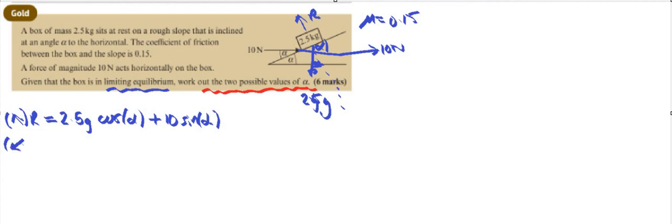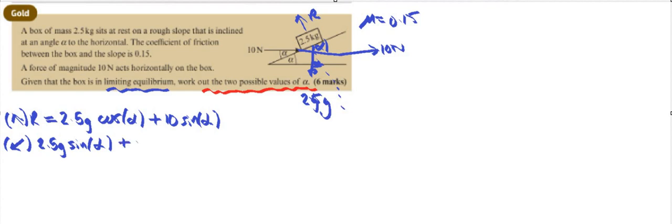Okay, so now we are going to do the horizontal. So let's do it down the plane. So what's pulling it down the plane? Well, 2.5g, our gravity vector, but this time it's sine alpha because the marked angle is with the vertical.